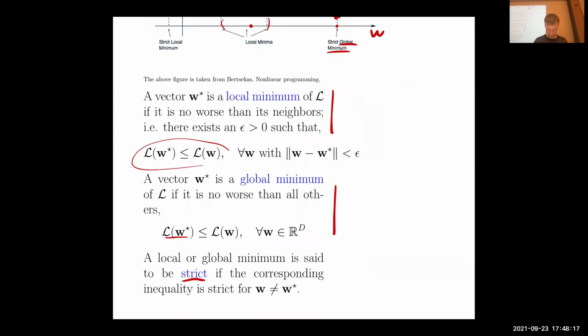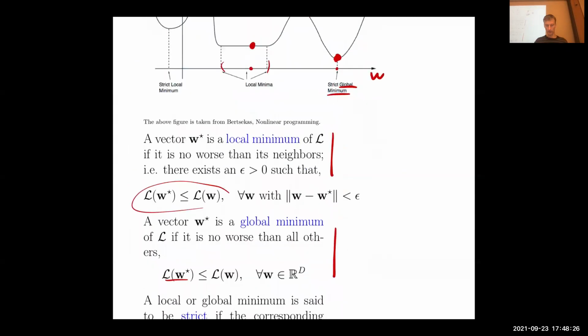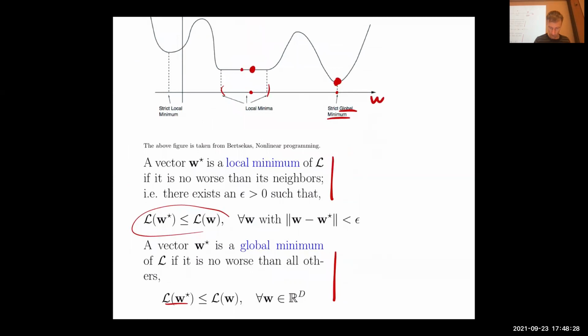Strict just means that the candidates nearby have a strictly worse value, so that the neighbors around you are not equal in value. So what we have here is not a strict local minimum, because there are neighbors around which are perfectly equal. So these are local minima which are not strict.